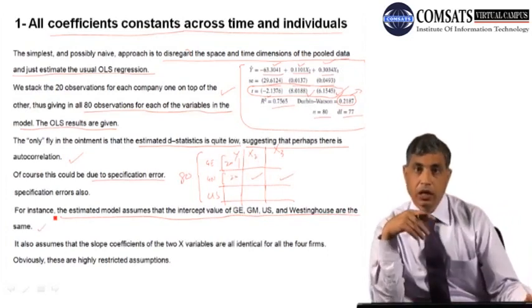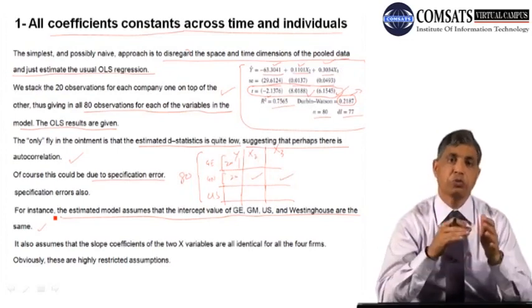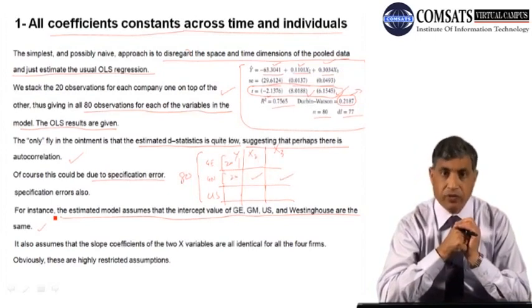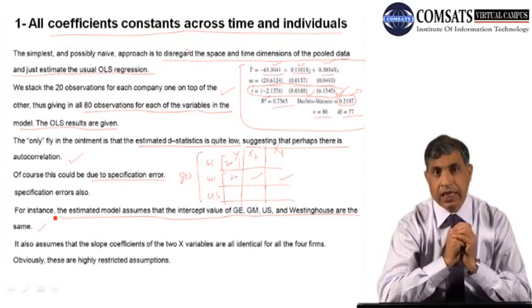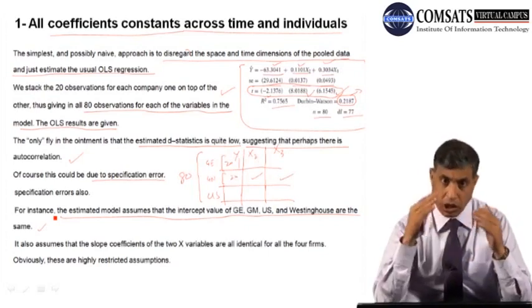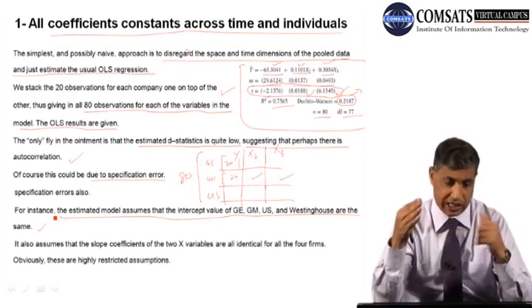What we are saying is that there is no difference between the companies. General Motors is much different from General Electric, United States. But we are blindly saying that there is no difference in the intercept, neither over time nor across firms.